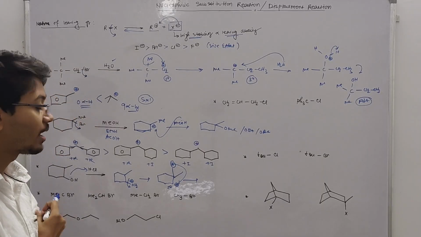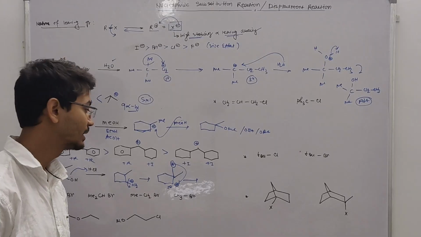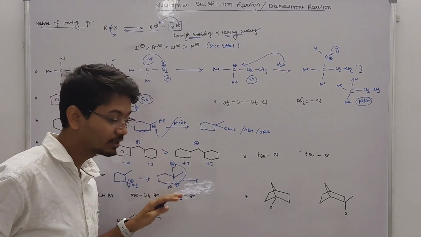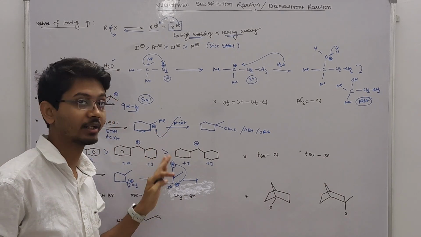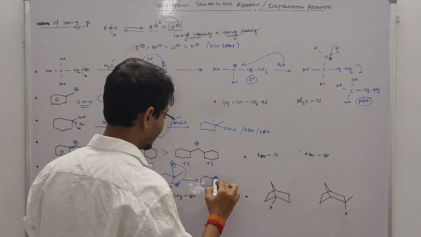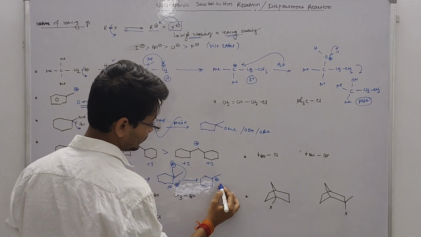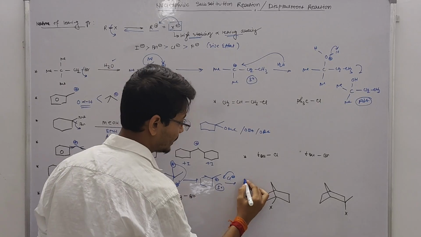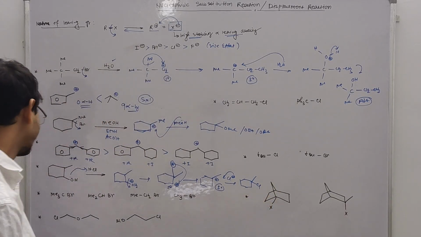You may ask why the methyl is not shifting, why particularly hydrogen? That is the migratory aptitude: hydride migratory aptitude is high compared to methyl migration. So hydrogen migrates here and you generate this tertiary carbocation. Now Cl minus will attack here and you generate your product, methyl and Cl. As simple as that.